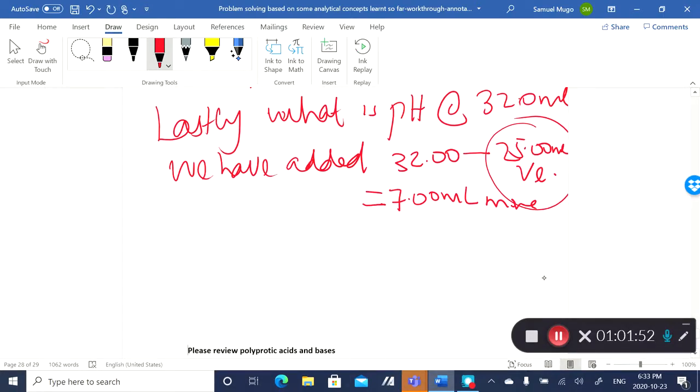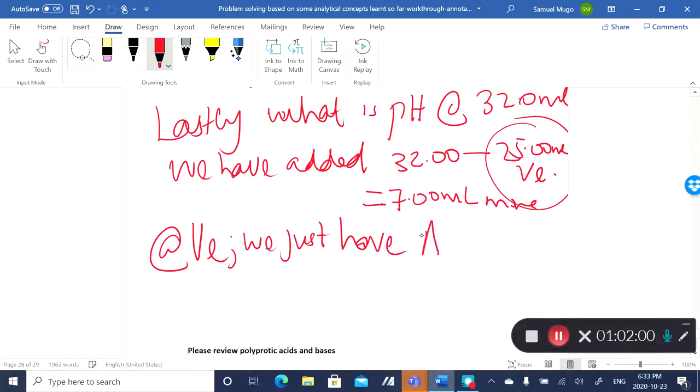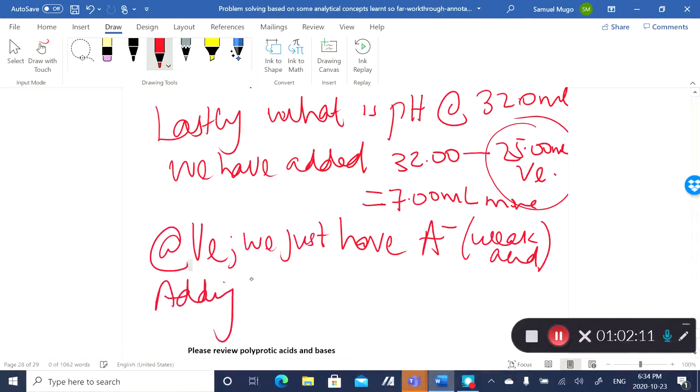Now, at equivalence, remember what we said. We just have the A minus, which is a very weak base. And what we are doing now is simply adding strong base to a very weak base.